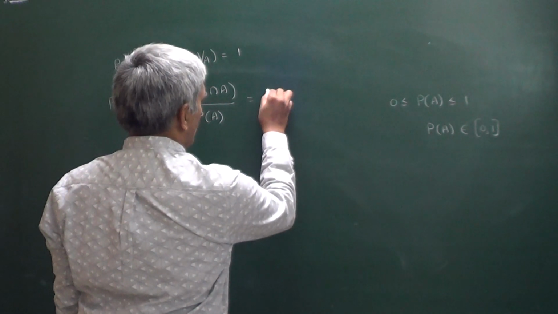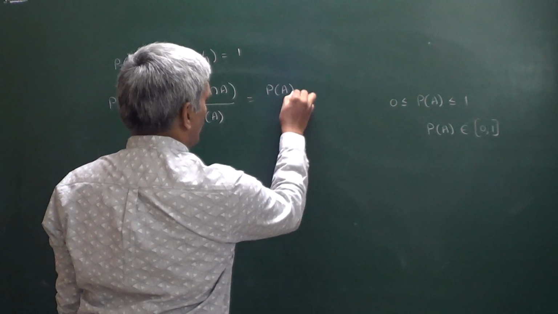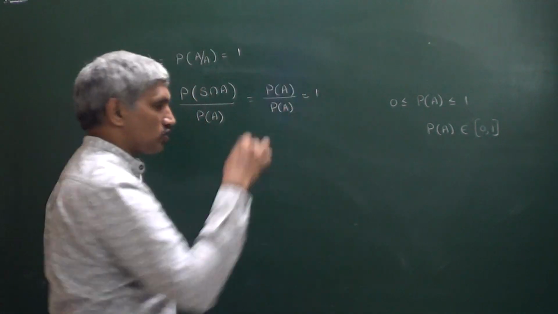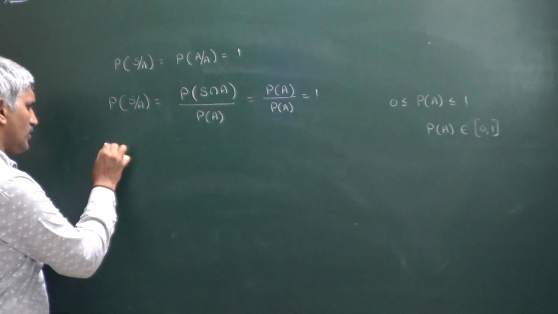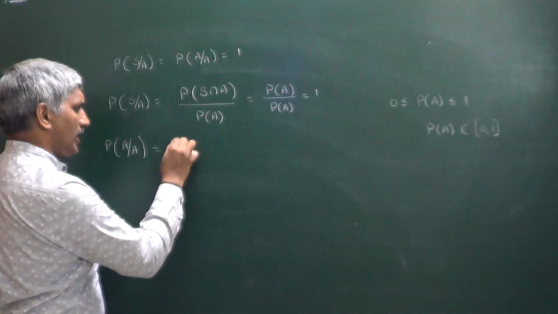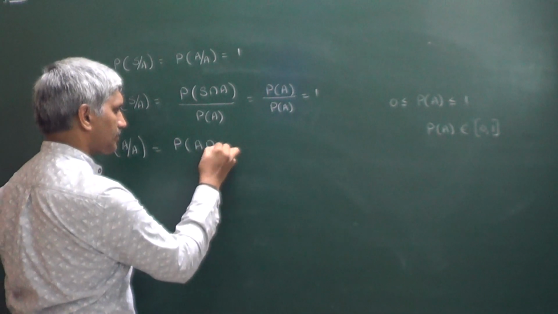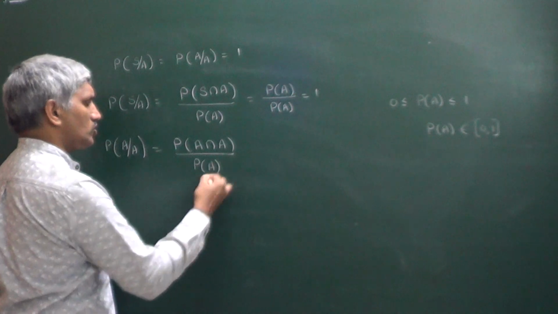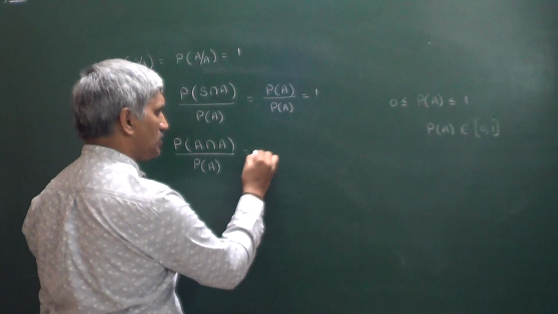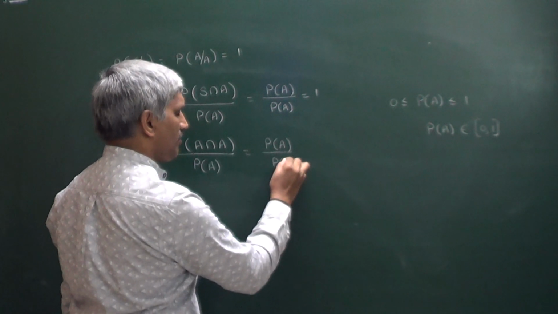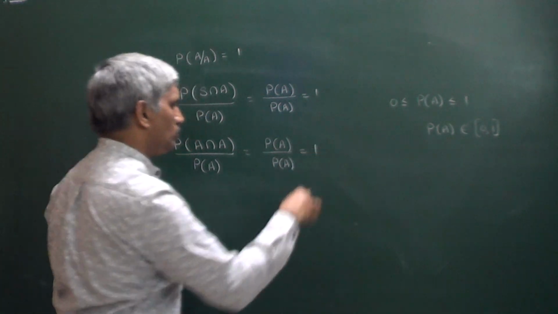So you get P of A divided by P of A, so that value is equal to 1. At the same time, we can show P of A by A is equal to P of A intersection A divided by P of A. Now here also A intersection A is equal to A. That's why you will get P of A divided by P of A, that is equal to 1.